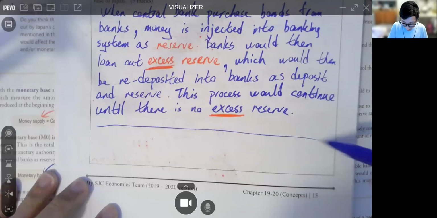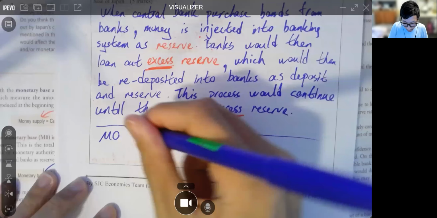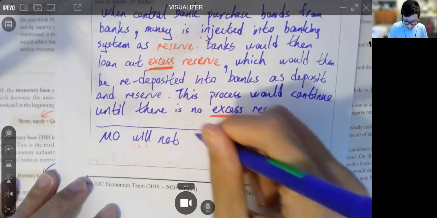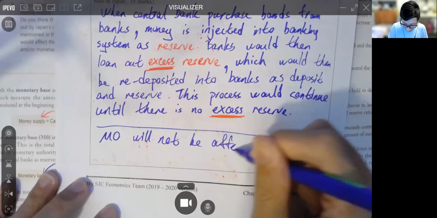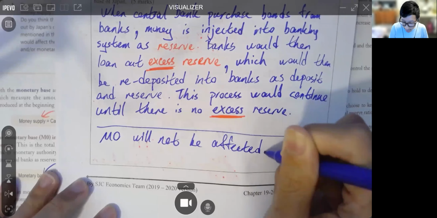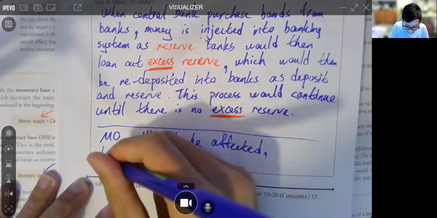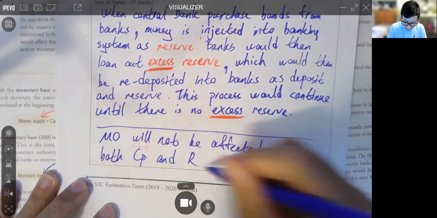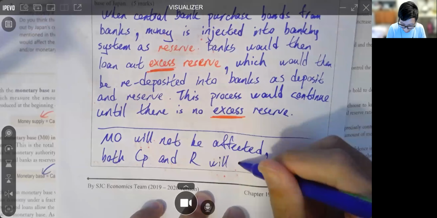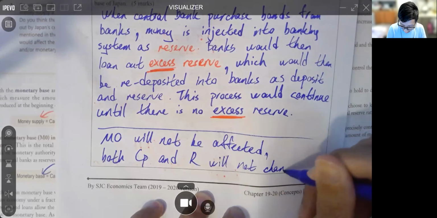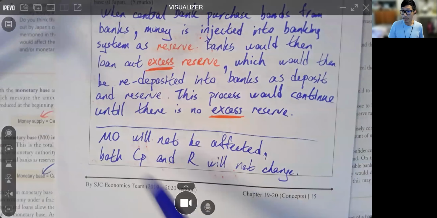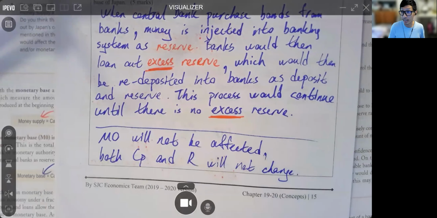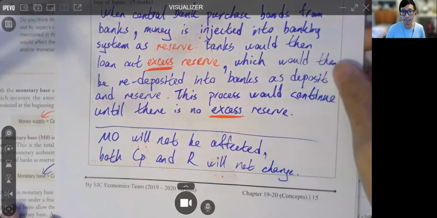We know that M0 will not be affected, since in the process, both CP and R do not change. We have done a lot of calculations, right?